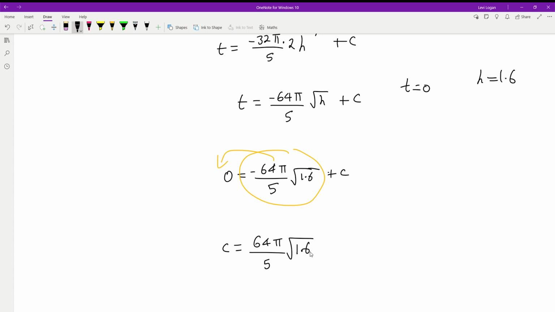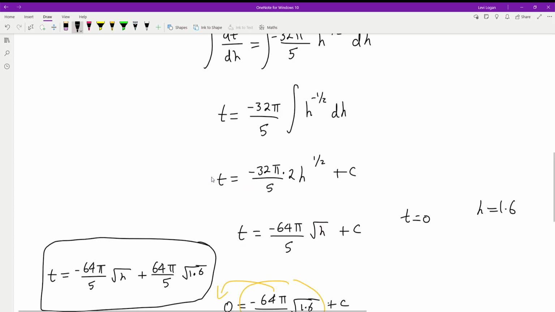Now I'm actually just going to leave it like that. There's no other way to simplify it unless you want a really weird decimal. So that means t is negative 64 pi on 5 square root of h plus 64 pi on 5 square root of 1.6.